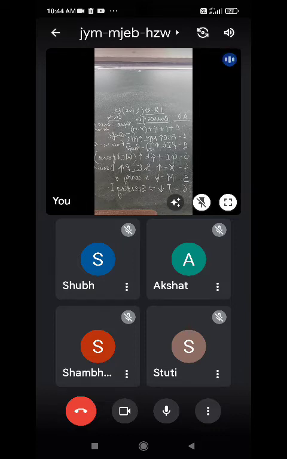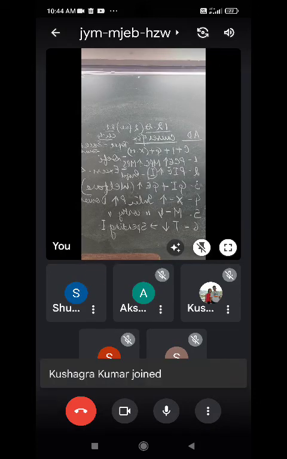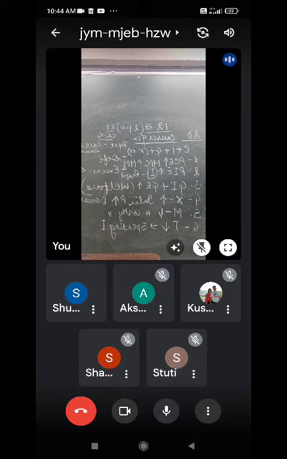Shubh, is it clear? Okay, answer Shubh. Taxes are reduced or increased? So due to the reduced taxes, the people will have more income or less income? More income.